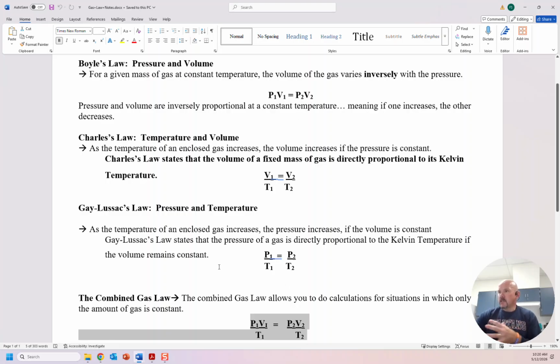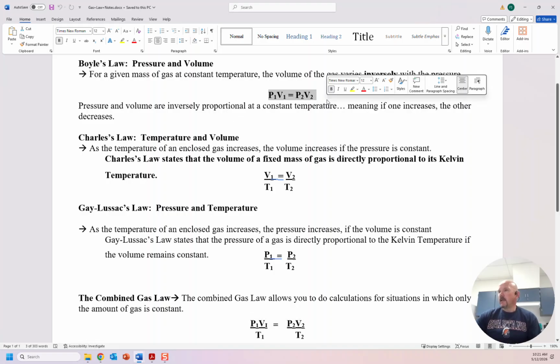These equations are saying, okay, if I change the temperature, what happens to the pressure? If I change the volume, what happens to the temperature, or vice versa? Or if I change the volume, what happens to the pressure? And so really, you don't need to know the names of the laws. Like, you don't need to know that P1 times V1 equals P2 times V2 is Boyle's law.